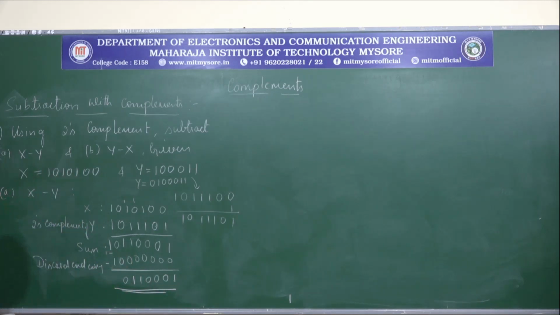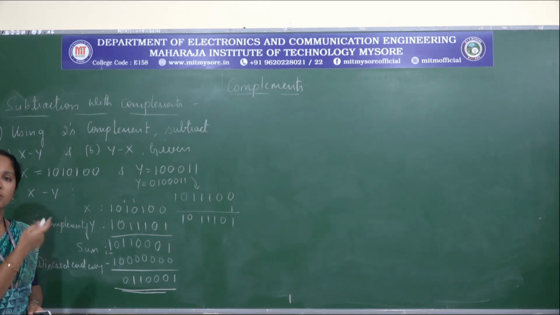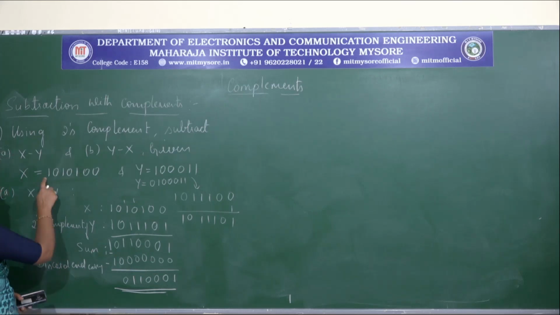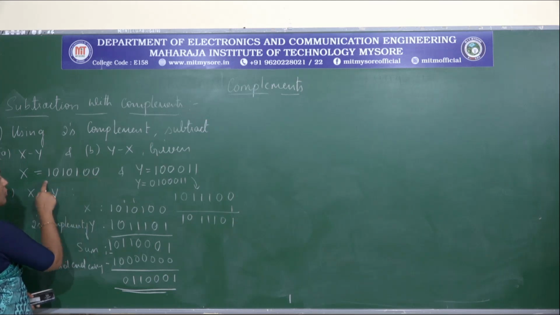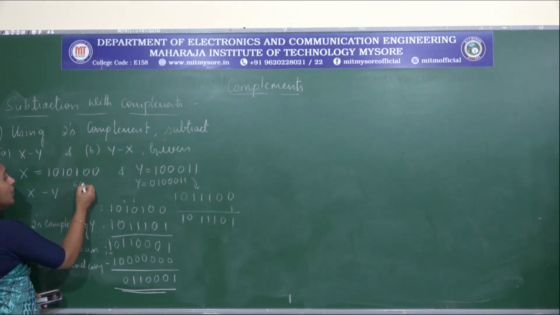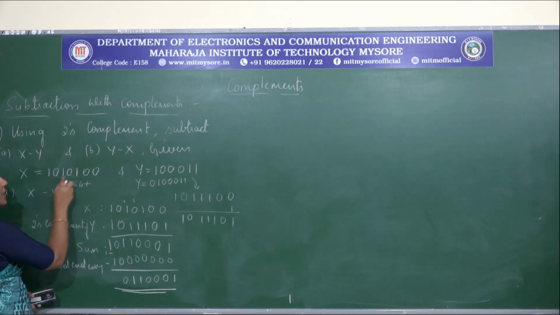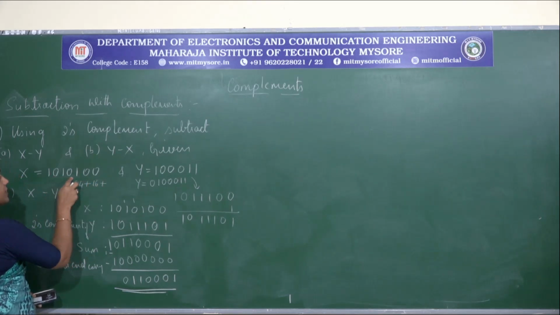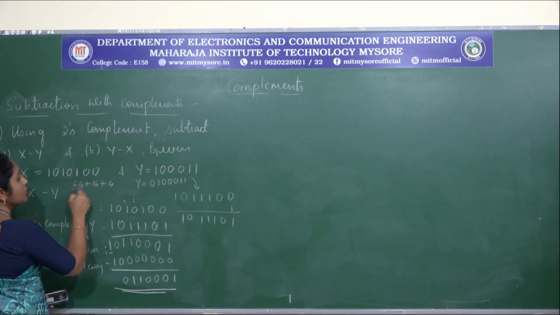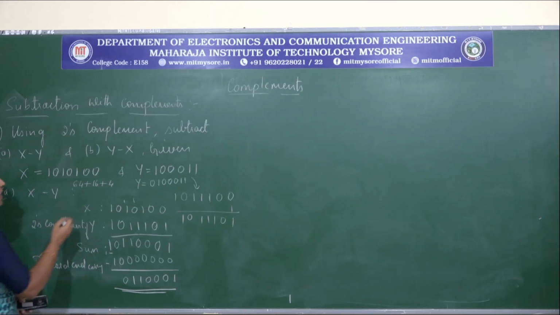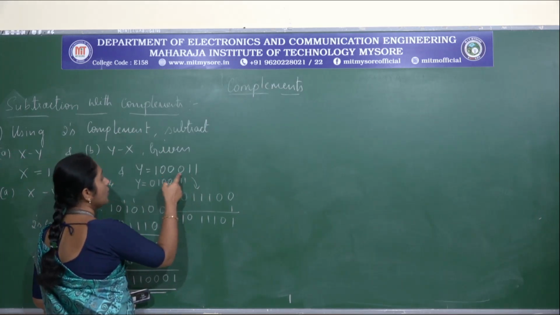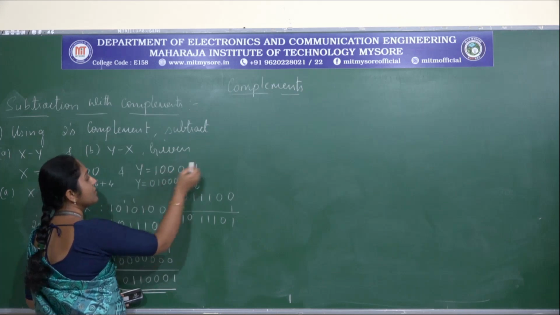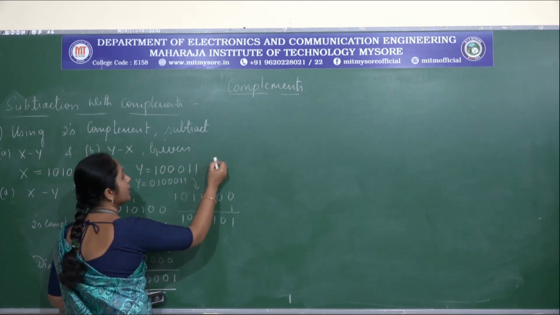If you want, you can cross check by converting these into decimal, because this is in binary. We have 7 bits: 2 power 6 is 64, 2 power 5 is not there, 16 is there, 8 is not there, 4 is there. The sum is 84. On the other side, 2 power 5 is 32, and 32 plus 3 is 35.